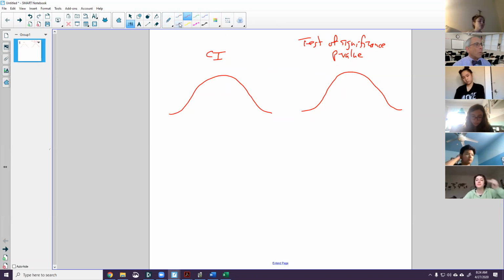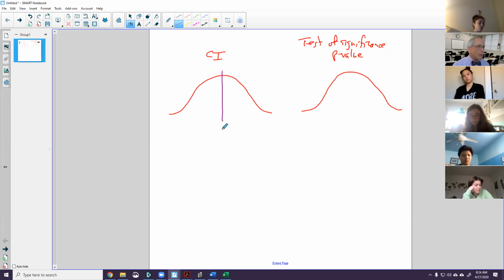One of the key differences between when I'm trying to find a confidence interval and when I'm trying to find a p-value is what goes in the middle. With a confidence interval, I am starting with my data, the statistic that I got from the sample that I took.